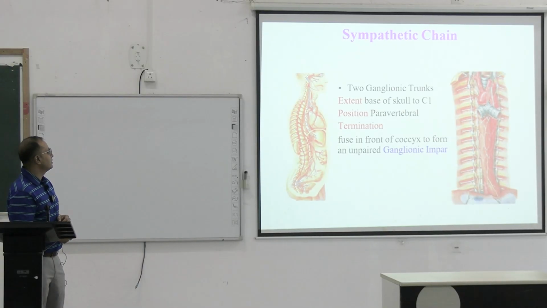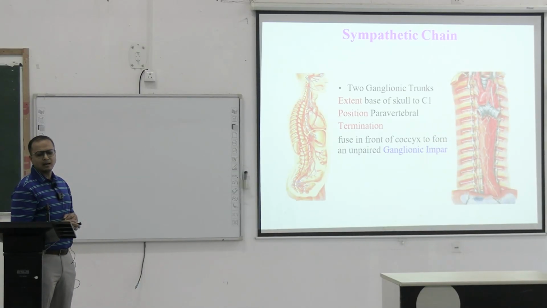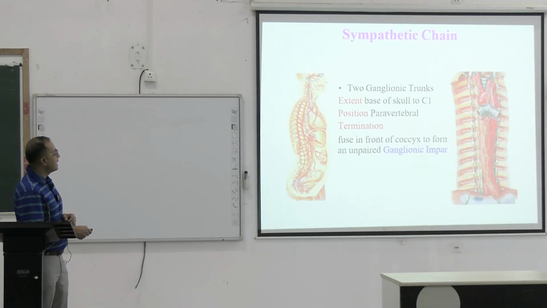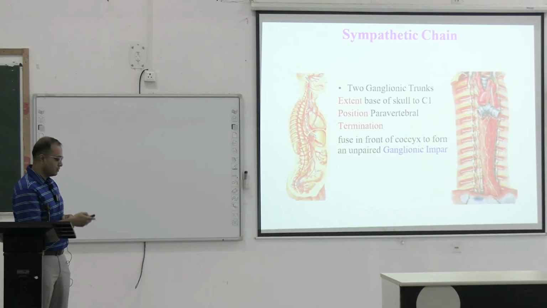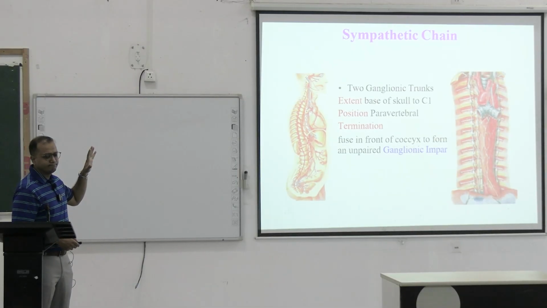Now, these sympathetic ganglia are collections of neuronal cell bodies, and the channels joining between them are known as tracts, which contain the fibers coming from these ganglia.